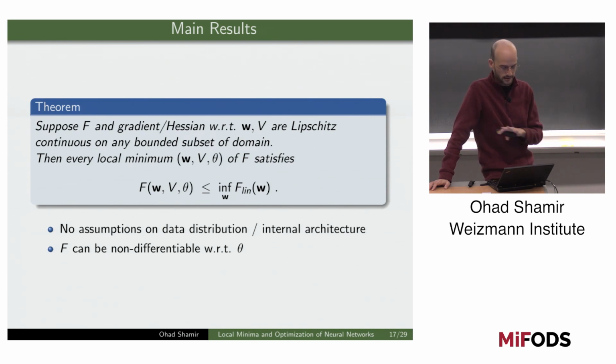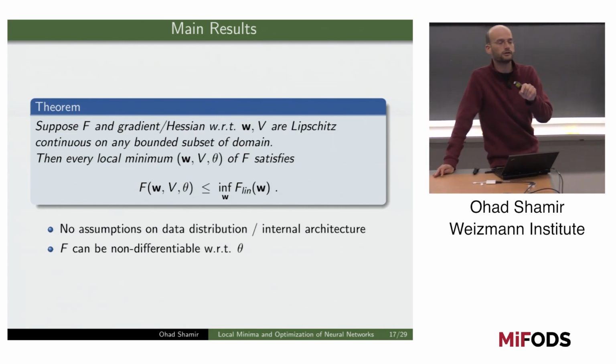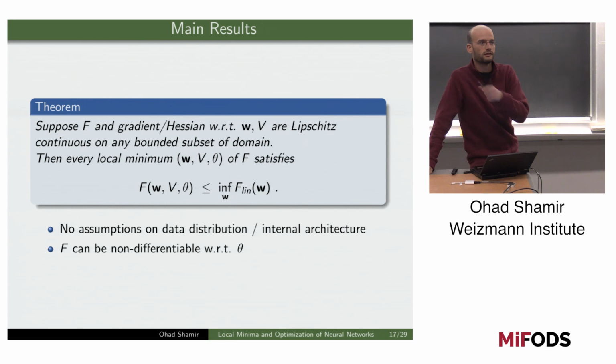And I'd like to emphasize I'm making no assumptions whatsoever here about the data distribution. No assumptions about the internal architecture. Again, it could be a 100-layer convolutional network. And again, I'm not assuming that this function is differentiable in all the parameters. So when I talk about gradients and Hessians, I only talk about the gradient and Hessian with respect to the W and V parameters, with respect to which the function is differentiable by definition.